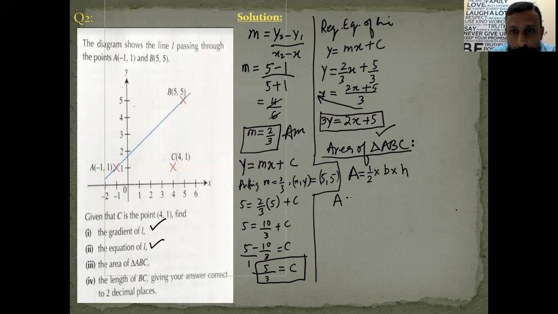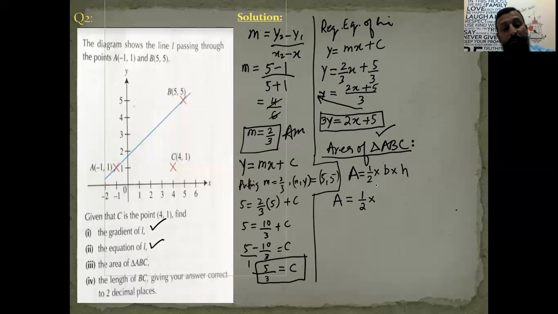Now, dear students, what is the base of this triangle and what is the height of this triangle? As a graph is given to you, the best practice is that whenever a graph is given to you, you can count the horizontal units and the vertical units to get your answer. Or you can also apply the distance formula to find out the length. So let's do it as a figure is given to us.